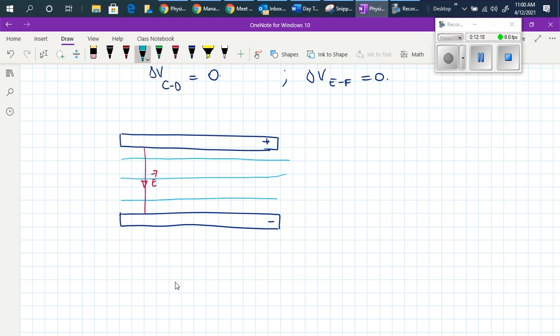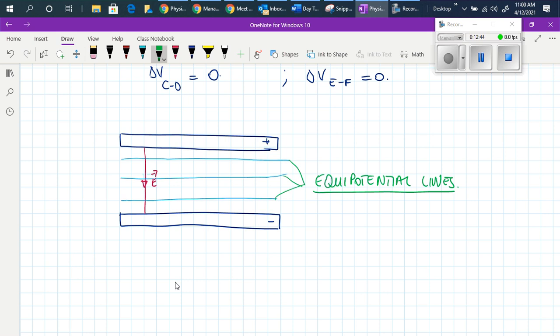Those lines here are known as the equipotential lines, meaning that the difference of voltage between any points on those lines is equal to 0.